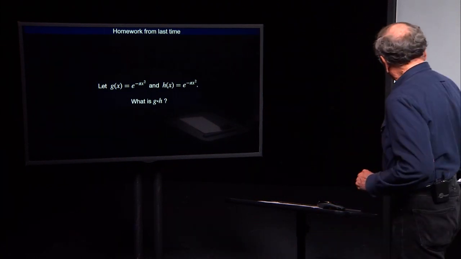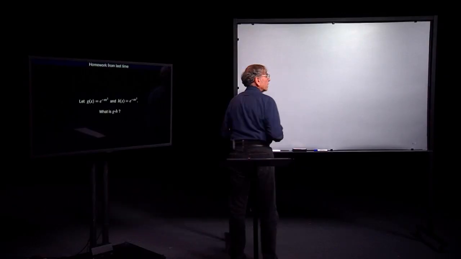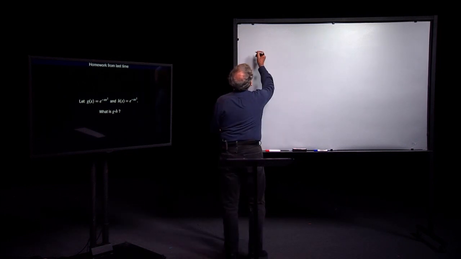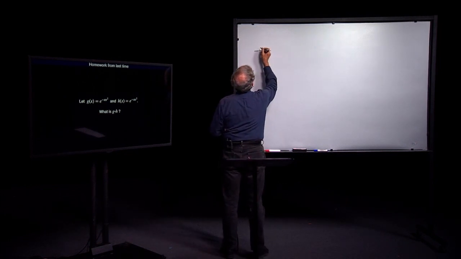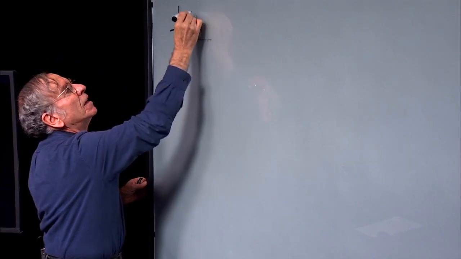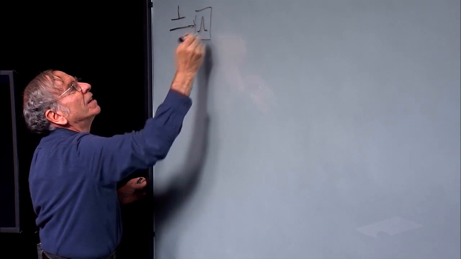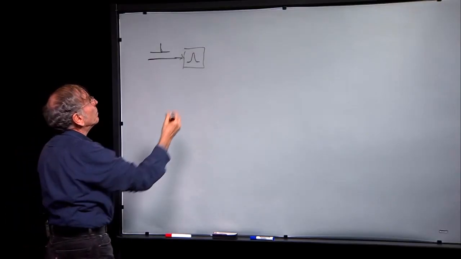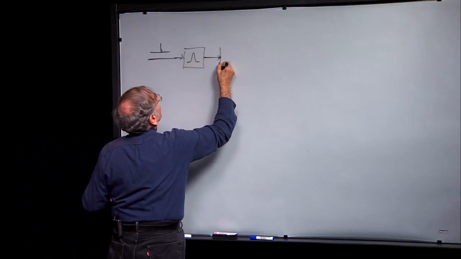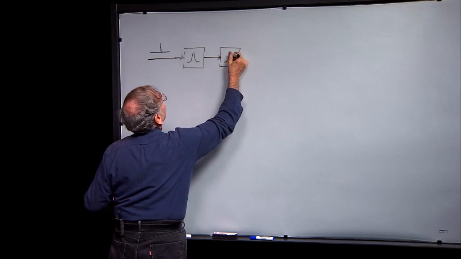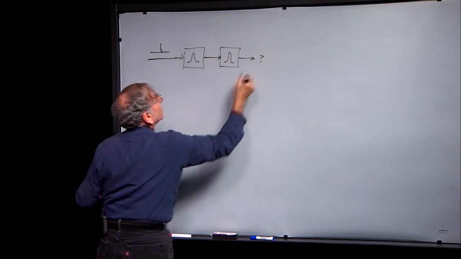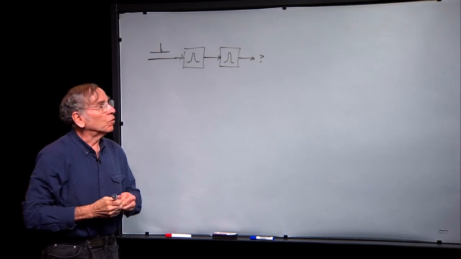So physically, we draw a picture of the situation. Suppose we have a signal that is a delta function, and we pass it through a filter that has a kernel that's a Gaussian. And then we pass it through another filter whose kernel is a Gaussian. And then the question is, what is the signal that we get out?